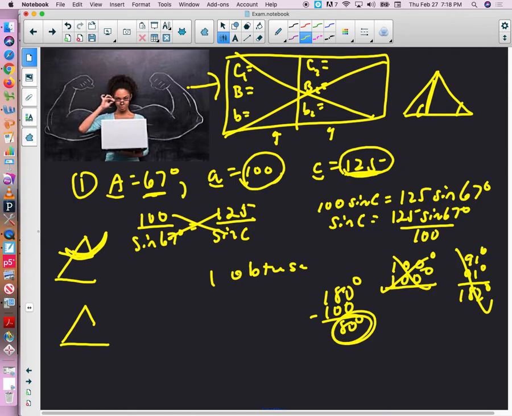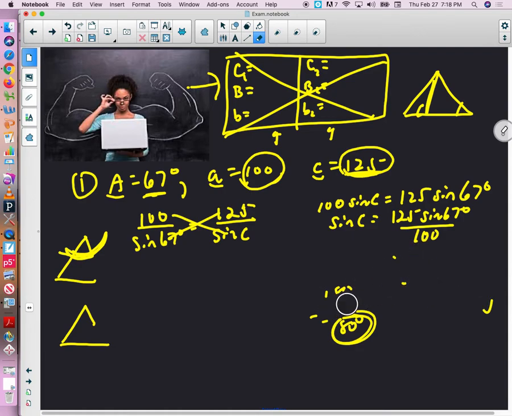And now I'm wondering if I did something wrong, because this does look possible. So let me rework it and make sure I did it right. Because you can get no triangle, but I'm second guessing myself here to make sure. I'll tell you what, let me check my answers before I rework it.